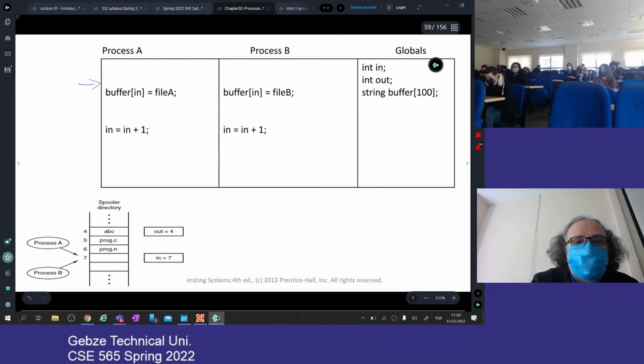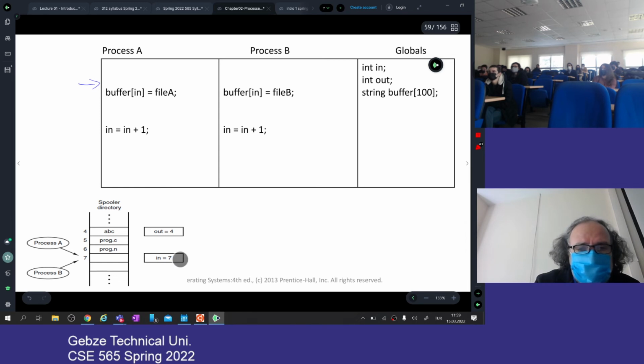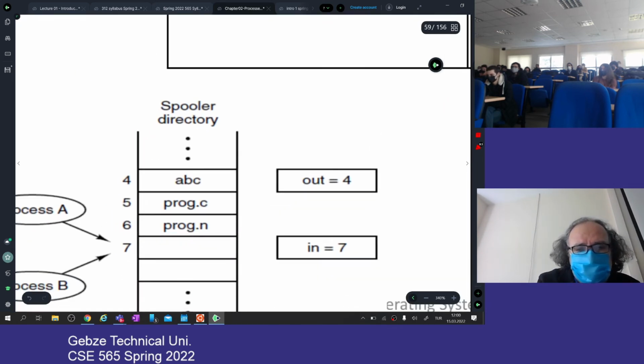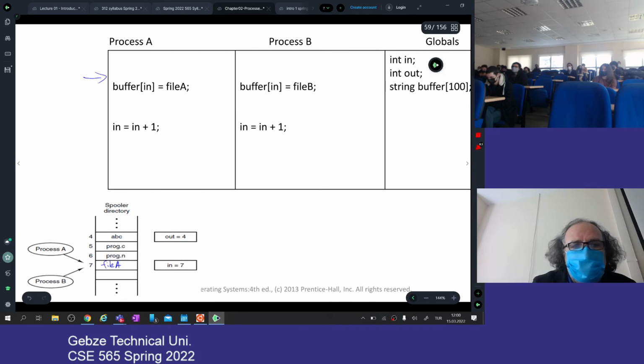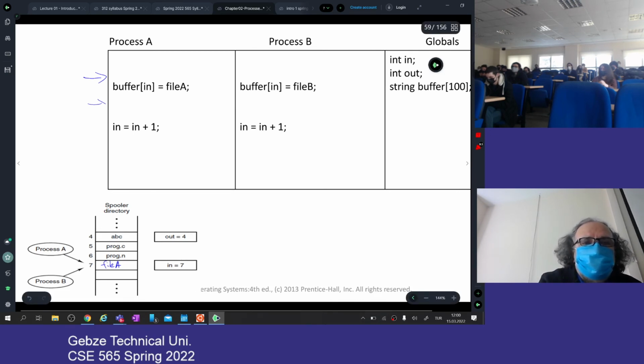Process A says I am going to write file A in this position, buffer in. In is 7, so I write file A here. I wrote it, that's fine.